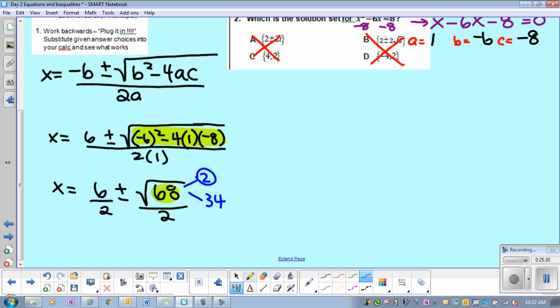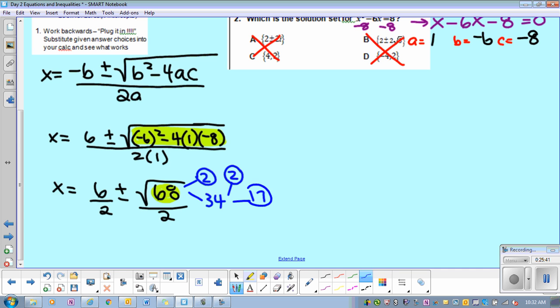So I'm just going to circle it. What about 34? That's 2 and 17. Can you break down 17? No. 17 is a prime number, right?